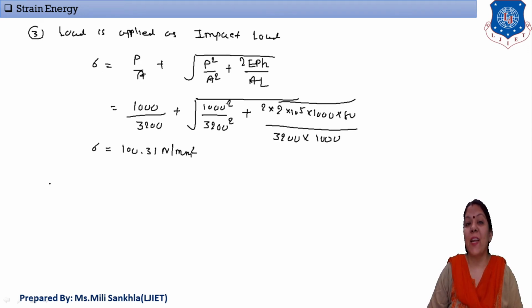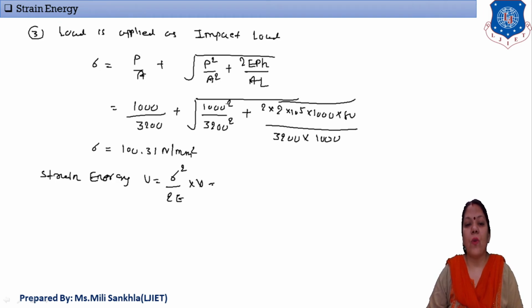Now second, we find out strain energy. Write here, strain energy U is equal to sigma square divided by twice E, into volume. Volume is equal to area into length.